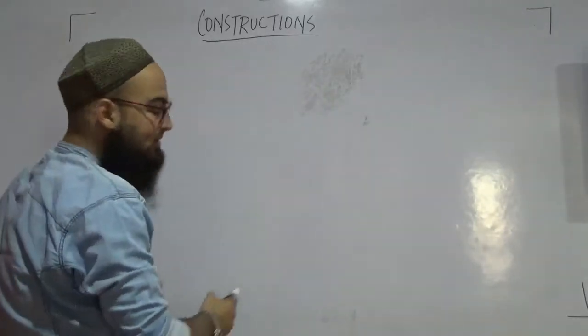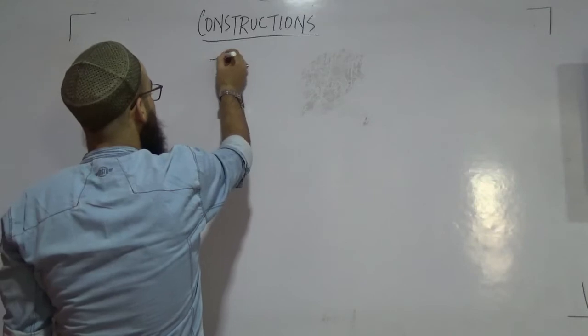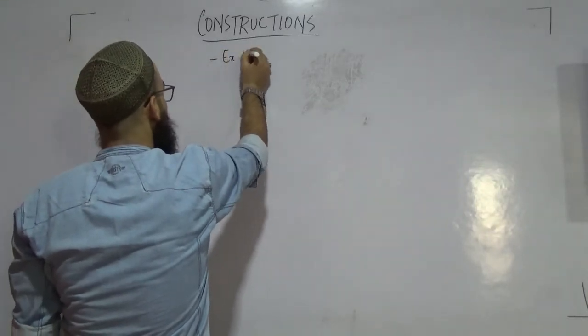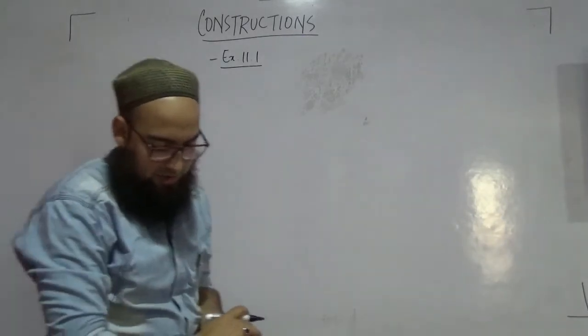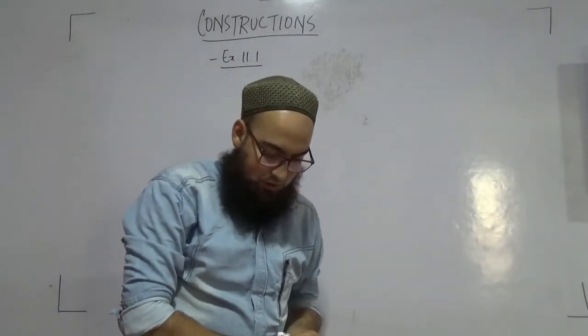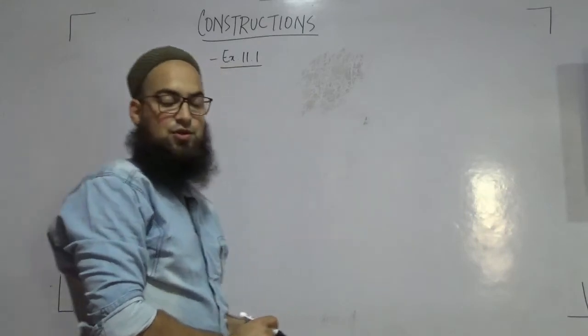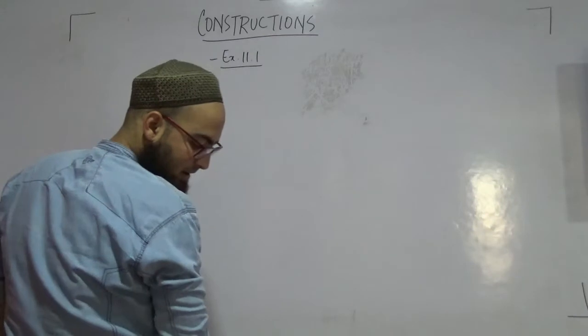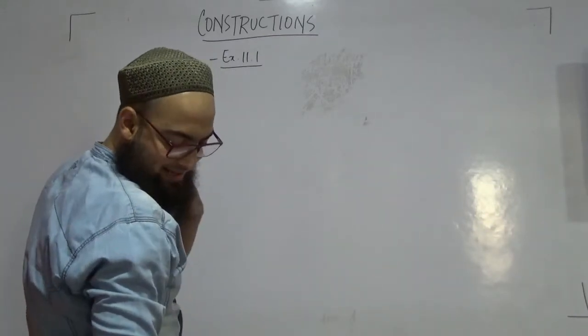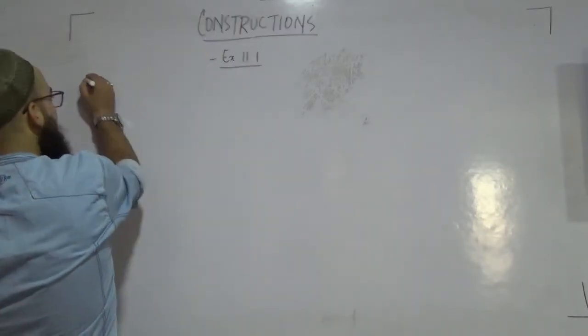Now let us start exercise 11.1. Construct an angle of 90 degree at the initial point of a given ray and justify the construction. So we are going to construct an angle of 90 degrees. See how it's done? It's very easy.